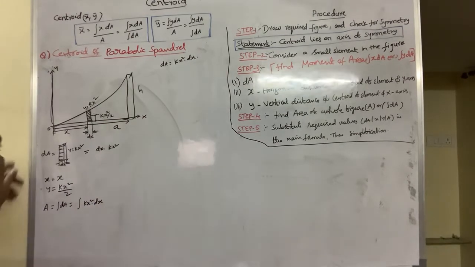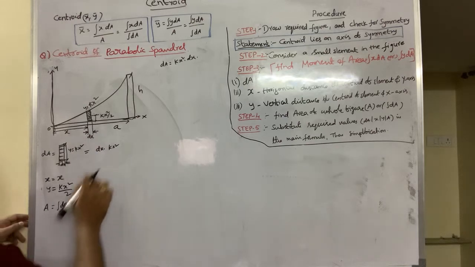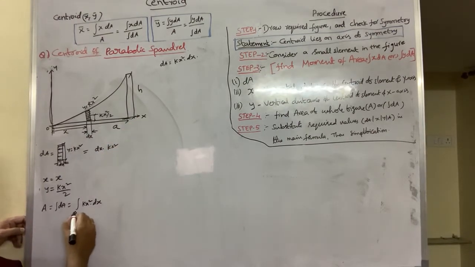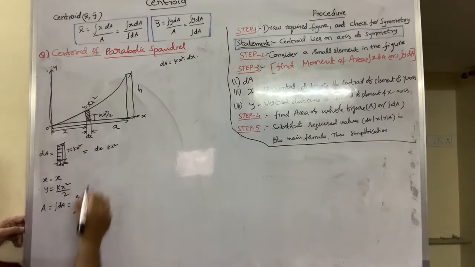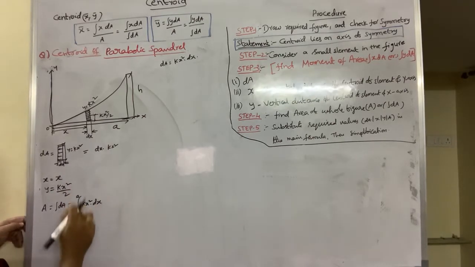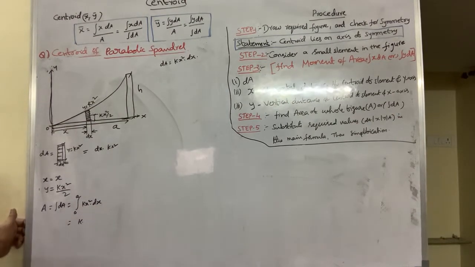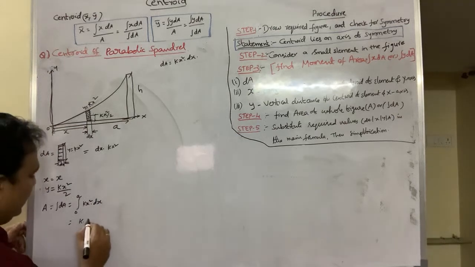The limits in the horizontal x direction are 0 to a. So 0 to a, kx² dx. Here k is a constant. What is the integral of x² dx? x³ by 3.